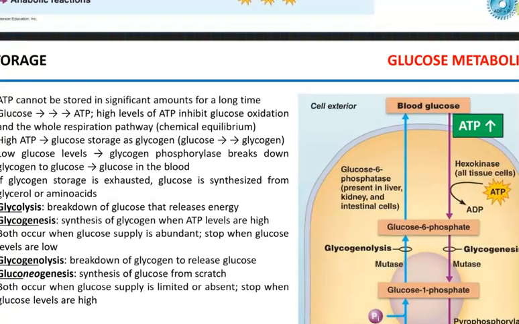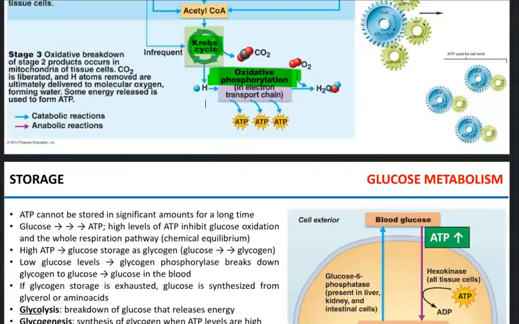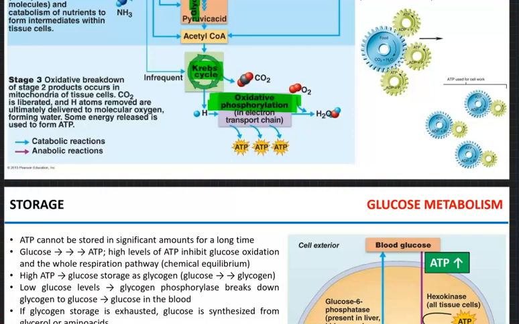So the result of this is the generation of a bunch of ATP.